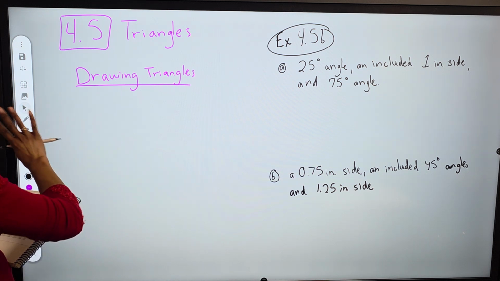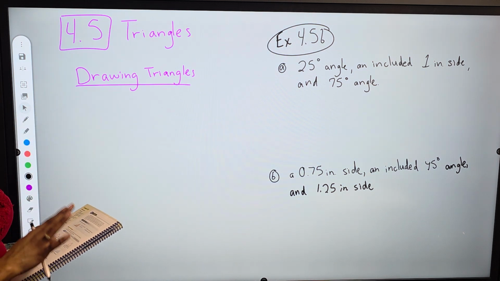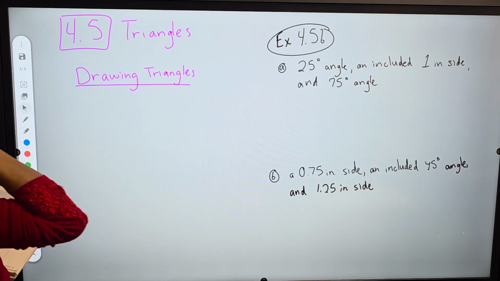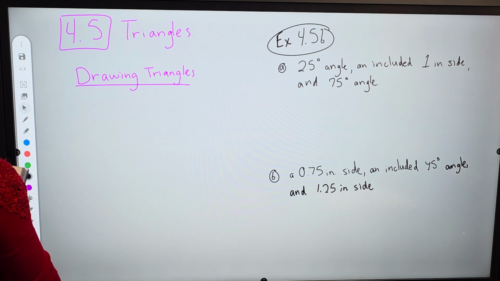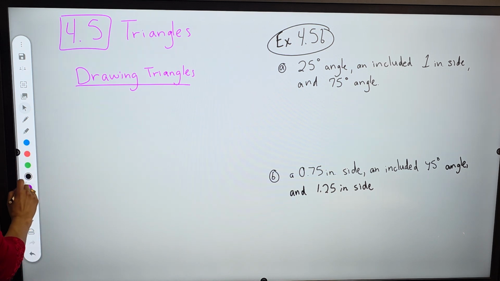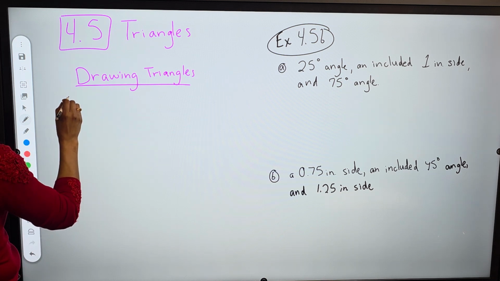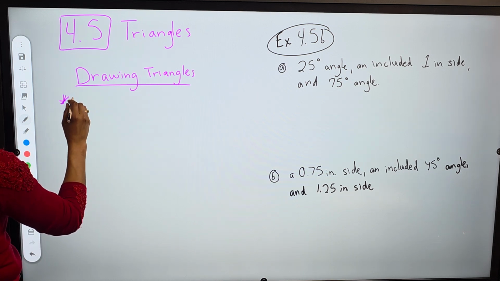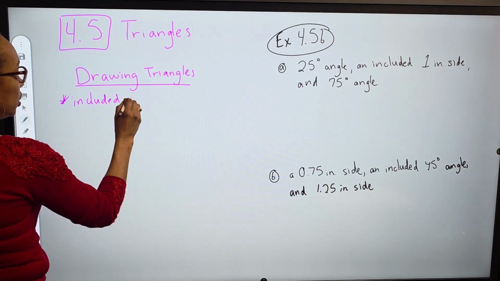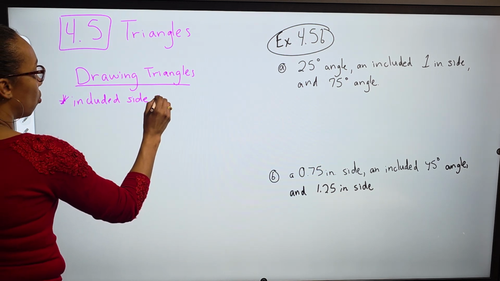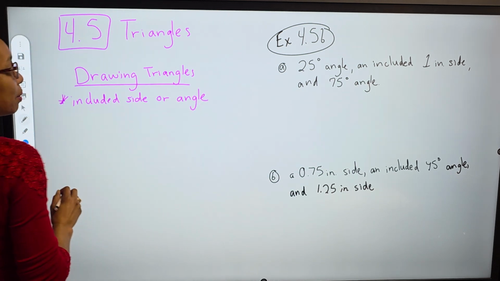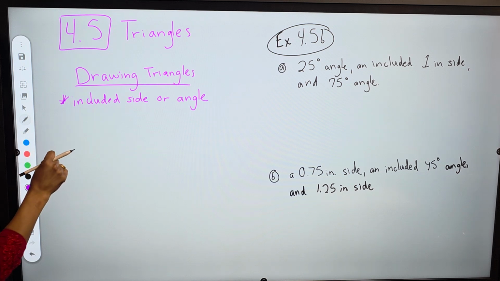What our notes today are going to focus on are how to draw triangles when they've given you some information about the sides and angles. So the first thing you want to know, they use the term included quite a bit. And when they say an included side or an included angle, what they mean is that it's in between the two things.